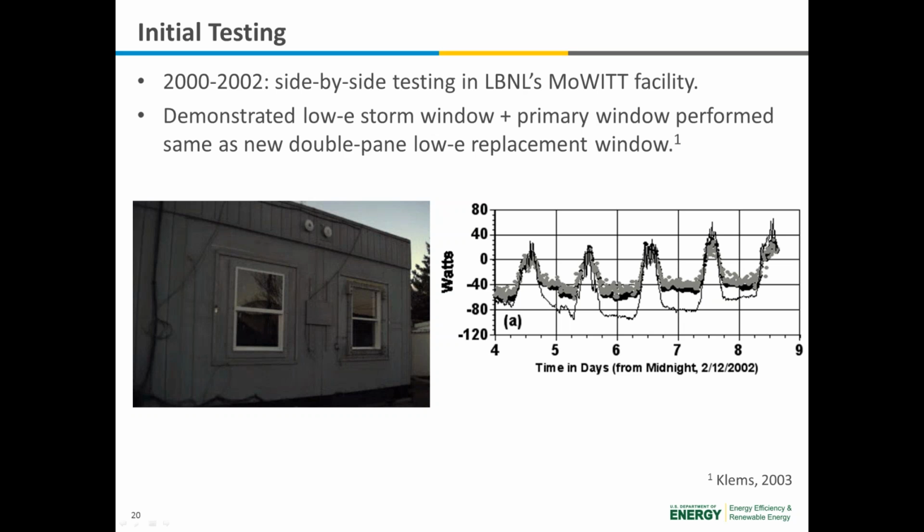And this data on the right, the details don't matter, but basically this is the instantaneous heat loss through each of those windows. The bottom line shows the single pane, and then the gray and black dots up above it are the side-by-side comparison of the low-E storm window and the brand new double pane low-E replacement window. And as you can see, the improvement is basically the same. So this was very promising that, yes, this concept does work.